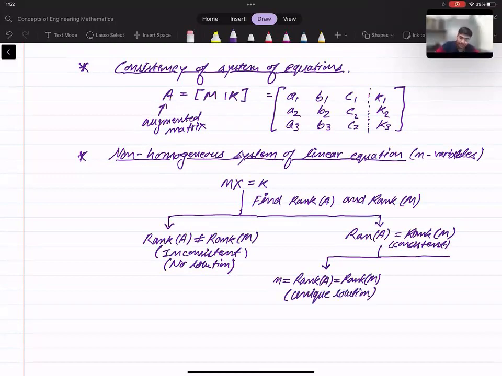And when these ranks are equal but less than n, so when rank of A is the same as rank of M, let me bring these things a little to the left.